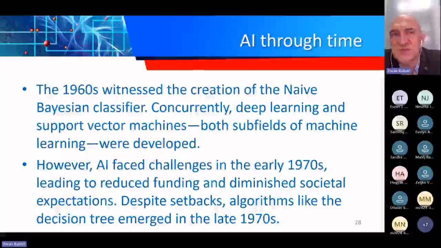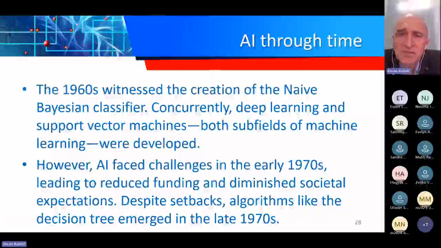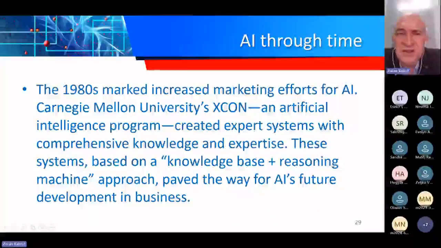So in this period, a lot of scientists switched from researching artificial intelligence to some other areas. But despite all of these problems, in the 1960s we got the decision tree as one of the still very interesting methods and still widely implemented.